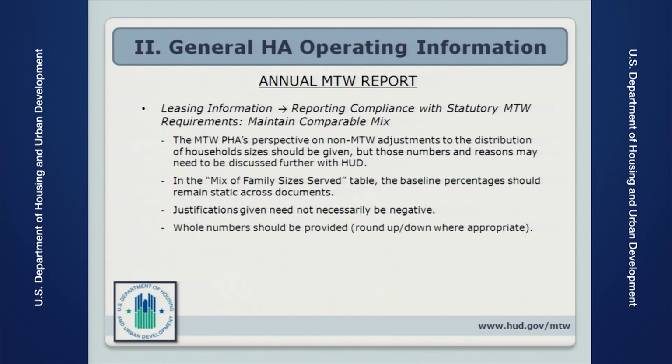The second table you'll provide for that comparable mix will be the annual comparison to the adjusted baseline. That is, again, very similar in concept to how the substantially the same number of families calculation works in PIH 2013-2. We do want to remind you that the numbers might not add up to 100% if you have rounding incorporated.